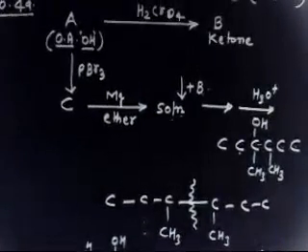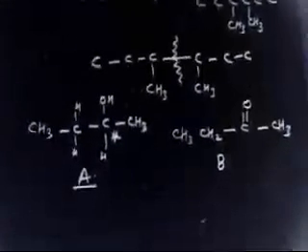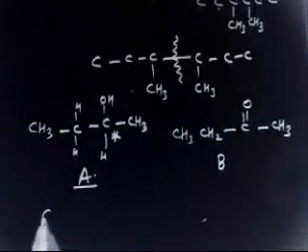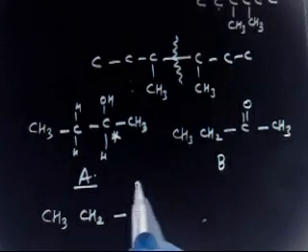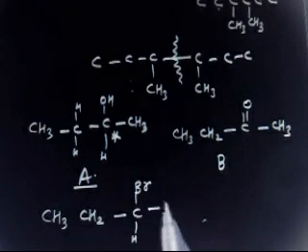Now C is coming from the reaction with PBr3, so C will simply be the alcohol replaced by bromine. So this is C: CH3, CH2, and this Br, H, CH3.